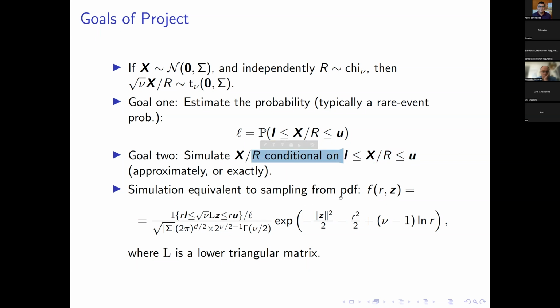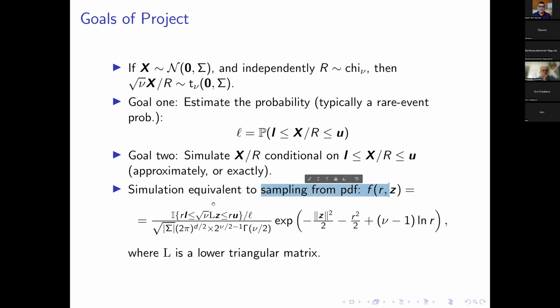Okay, so sampling from this multivariate student, which also includes the case, obviously, of the multivariate Gaussian when the degrees of freedom is infinity, is equivalent to simulating from this density F, a joint density between R, the scaling variable, and Z, where Z you can think of as the multivariate Gaussian variable.